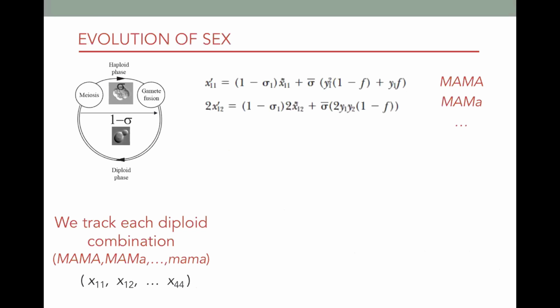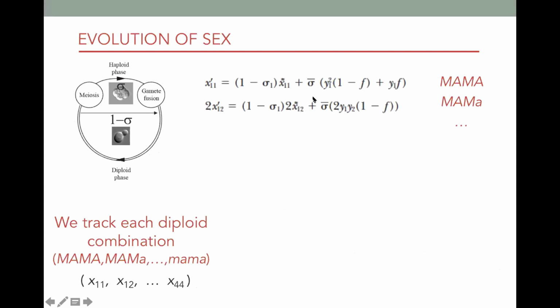So we can track how a feature like sex would change within a population by writing down what happens to all of the combinations of genotypes in a population, including not just selected loci like this A locus here, but also modifier loci that alter the passage over time through sexual versus asexual routes.